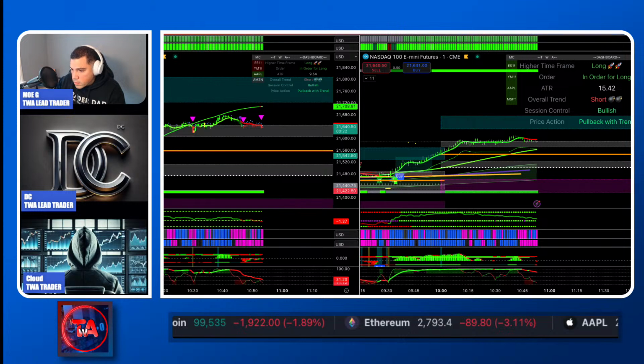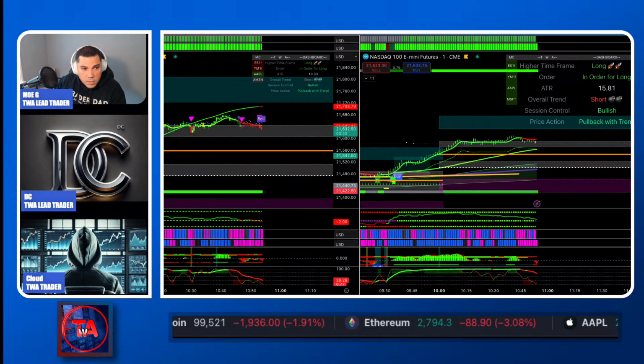I'm still mad about Amazon because I called out that 216 and it's at 240 now. Microsoft looks like it is going to be a very bullish push back up to the previous daily close and previous daily low of yesterday at 415. I'm getting my move on Nasdaq that I'm looking to scalp, so let's see what happens.